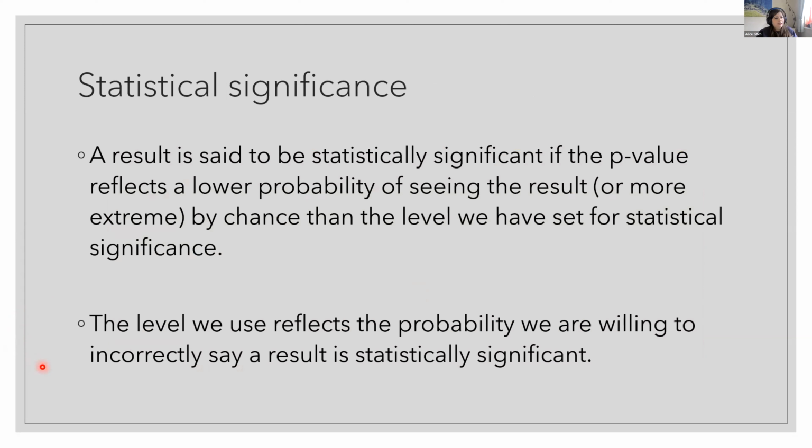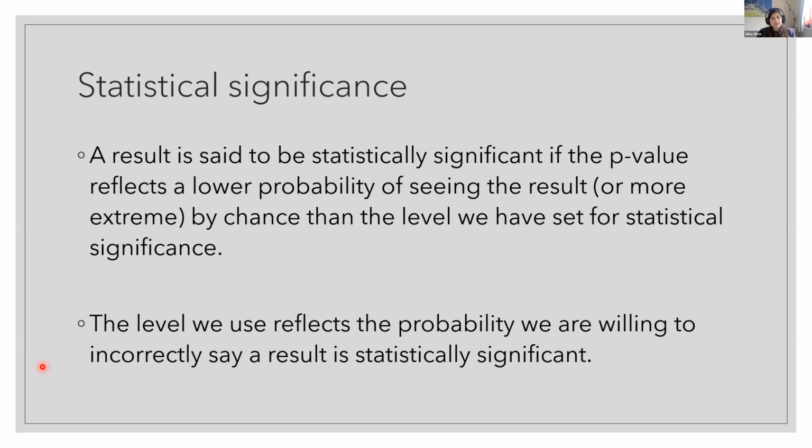So statistical significance, this is when we use a cut point for the p-value. So we set a level of statistical significance. Often this is 5%. So we set ourselves a level that we're willing to be wrong. Okay.